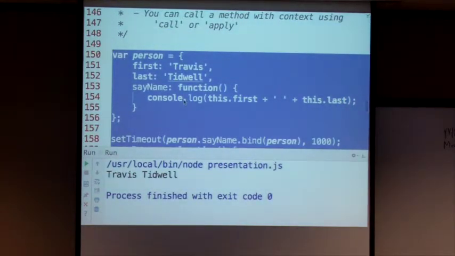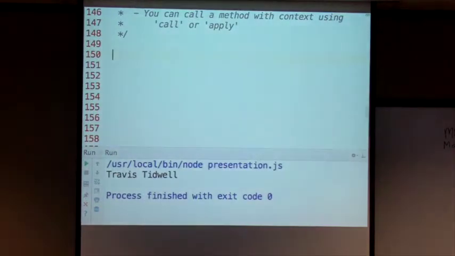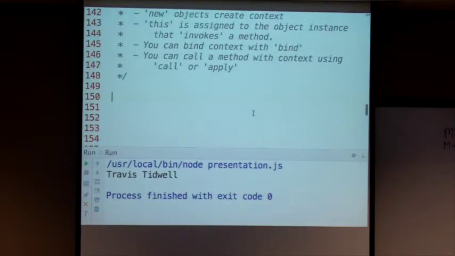Another thing that can set the this pointer is two words called call and apply. So just to give you an example, I'll use my person object again. So what I'm going to do is create a class.